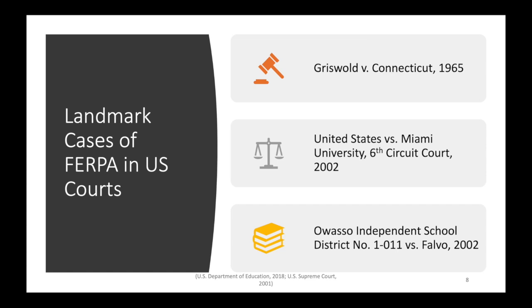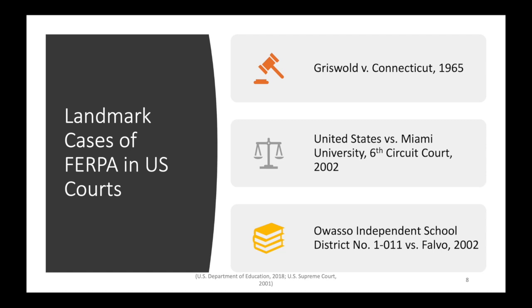This court case did have to do with proving the constitutional right to privacy, which was supported by the Supreme Court. While this case, again, wasn't school law, it did help prove that the Constitution values our privacy, and that way it was able to be referred to when FERPA was created.